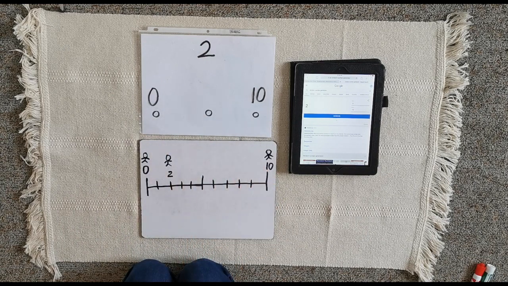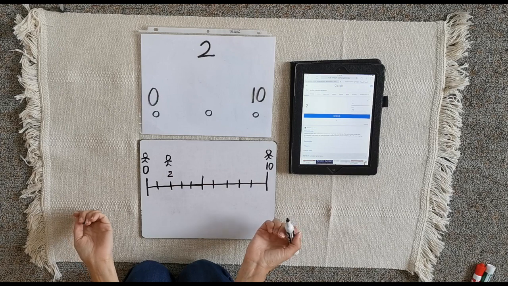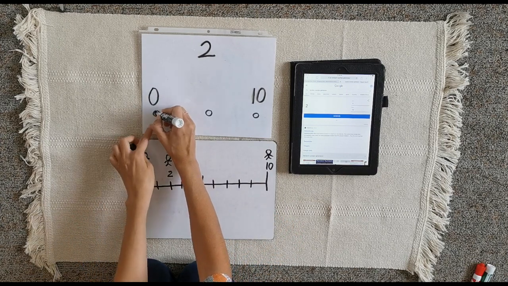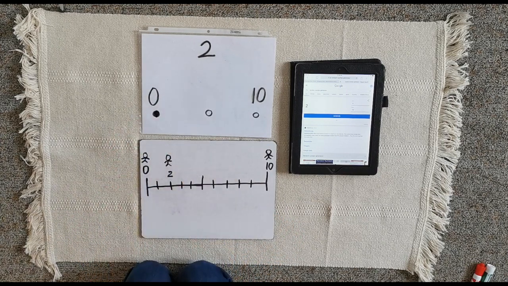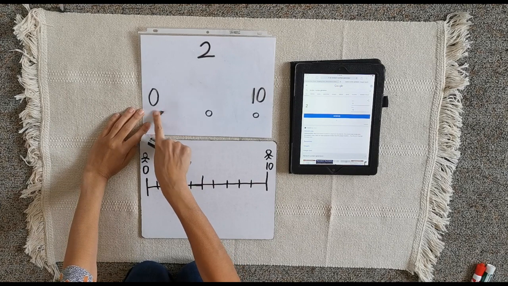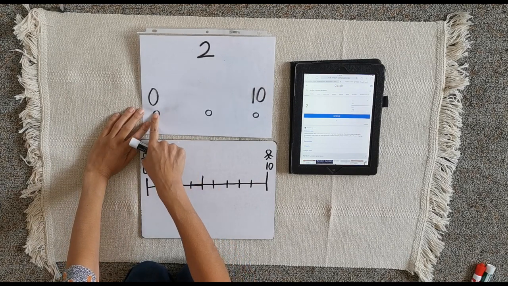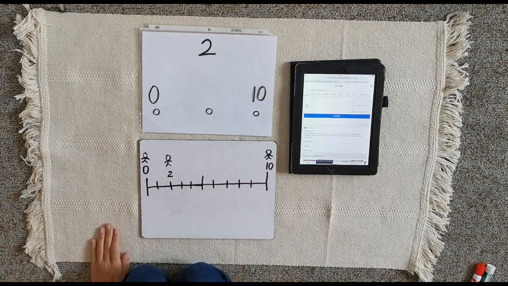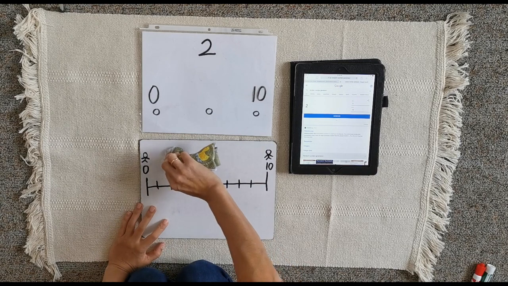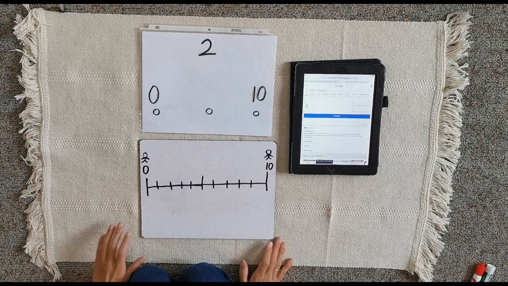Closer to 0, closer to 10, or are you in the middle? Clearly this time 2 is closer to 0. So we need to answer here. Our answer is this dot, or this dot. I know it's a little tricky or weird, but it's how we work it.